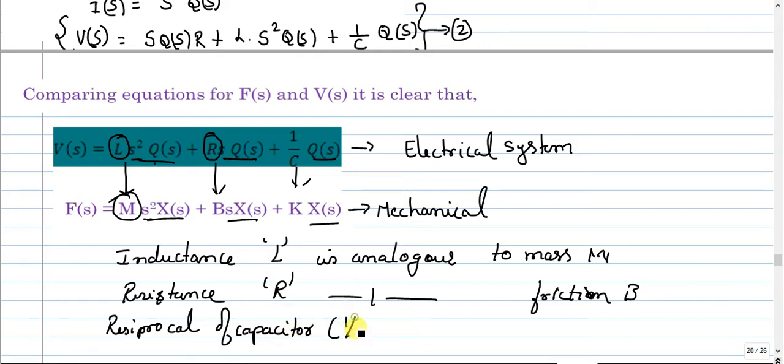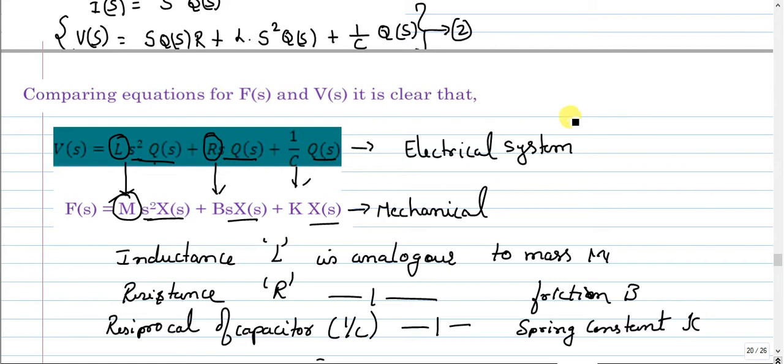So that is 1 by C is analogous to the spring constant K. Okay, so this is the relation, the fixed analogy between mechanical system and the electrical system.